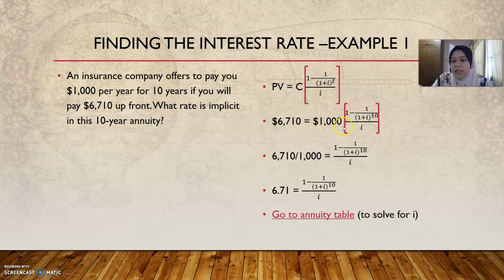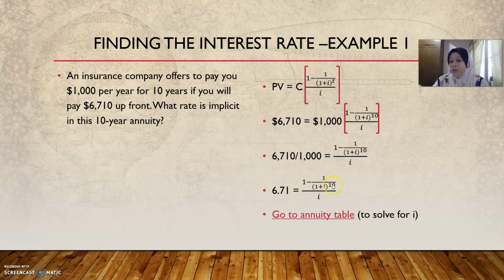So 1,000 times 1 minus 1 divided by 1 plus I, the one we want to find, with the time period of 10 years, divided by I. When you bring the 1,000 over, it becomes division. So you divide and you are left with 6.71.